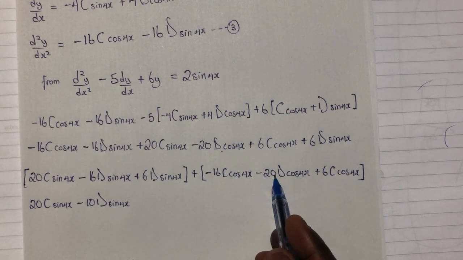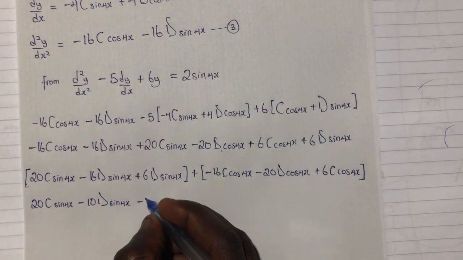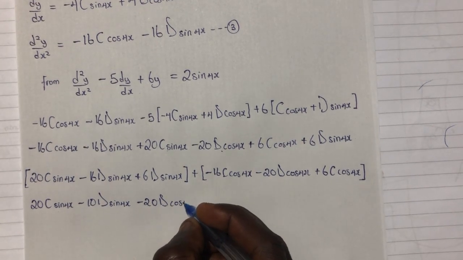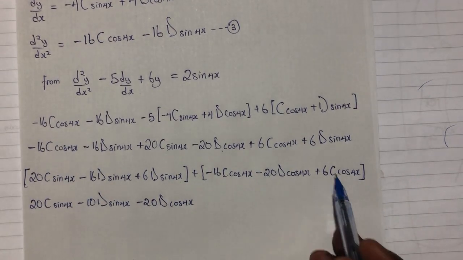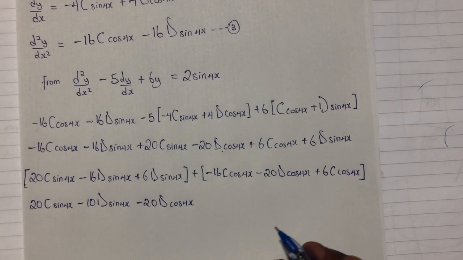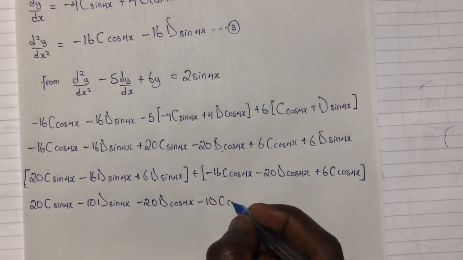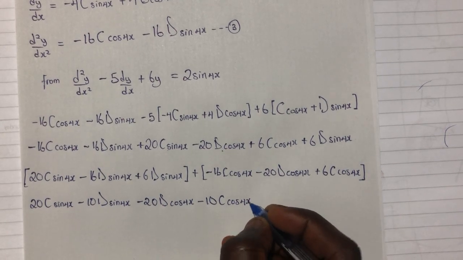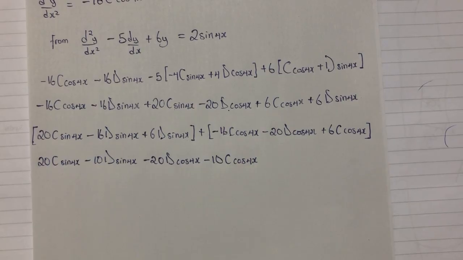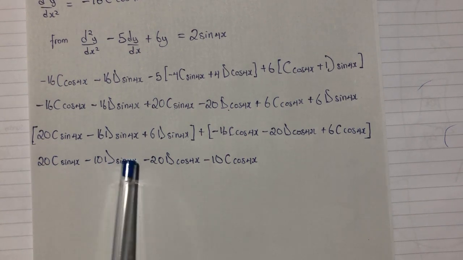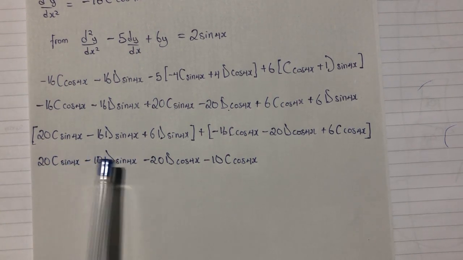Let's pick minus 20 first. Minus 20d cos 4x. Now add this one to this one, we are getting minus 10c cos 4x. So now we have c here, we have d here, we have sine, so we can factorize the sine out.